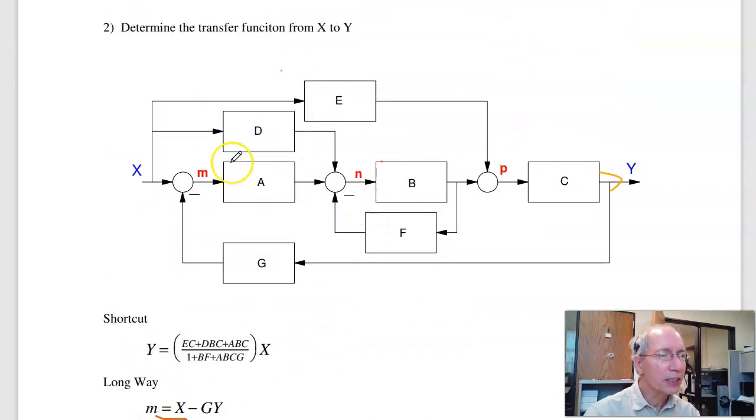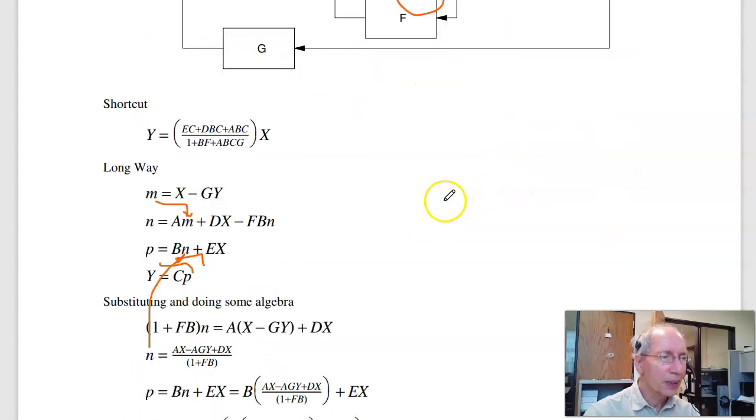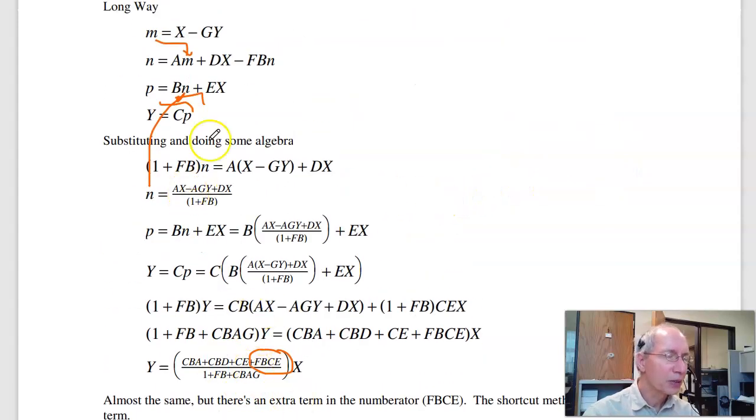So there apparently is an extra term. It's F, it goes E, C, FB. I don't see it, but it is there. So the long way always works. The shortcut usually works, but occasionally miss a term.